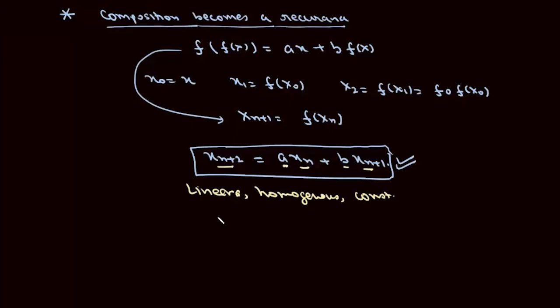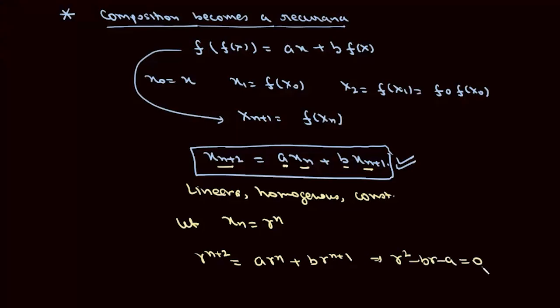For this, we let x_n as r to the power n. So here will be r to the power n+2 equals a r to the power n plus b r to the power n+1, which will give us a quadratic equation r squared minus br minus a equals 0, and we'll solve this to find the roots of this equation.